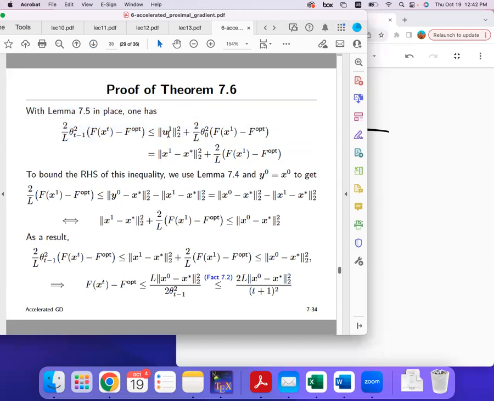Based on the definition of this u vector, u_1 is essentially x_1 minus x star. You can just check the definition of this u vector. And theta_0 is simply 1. So everything on the right-hand side will be very simple.